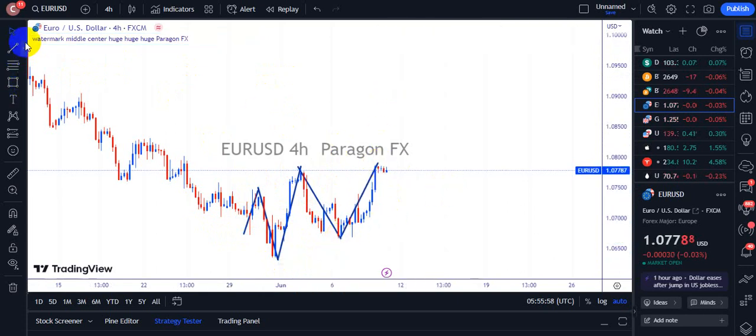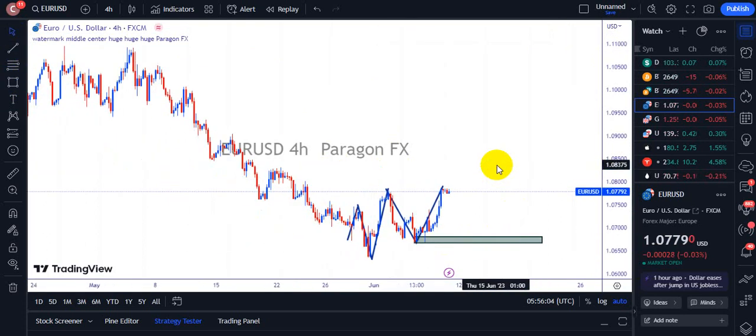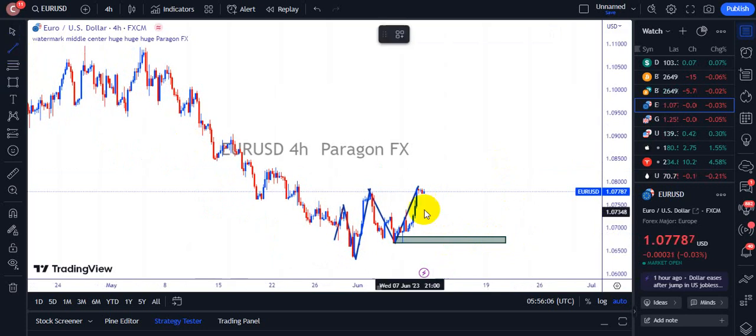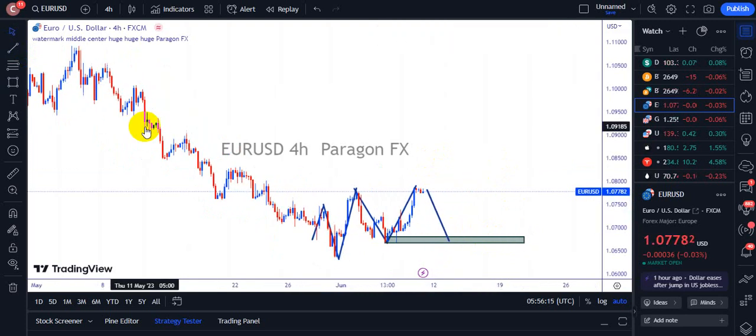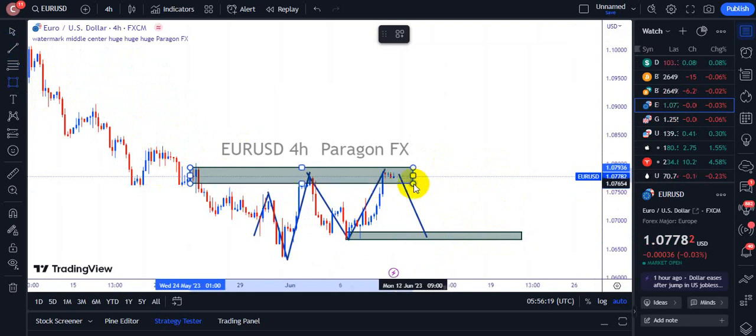High has been broken now. This is the demand zone. Should come from this area, and here is the supply also, this area.